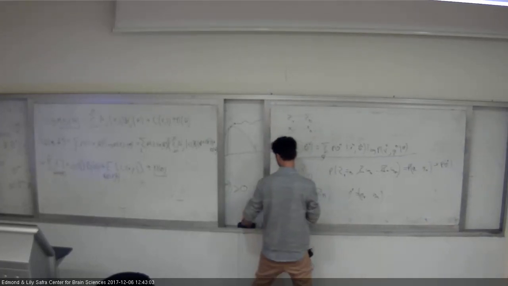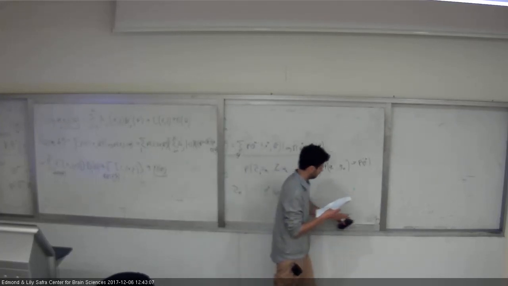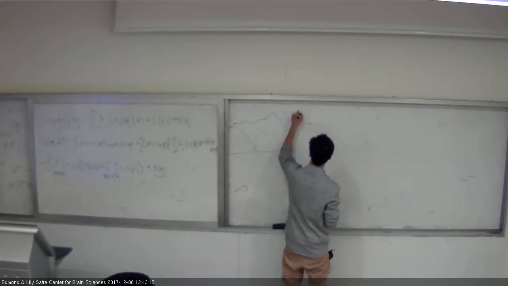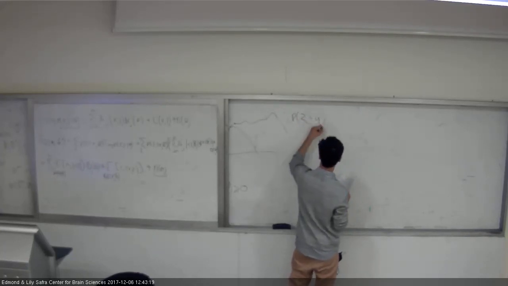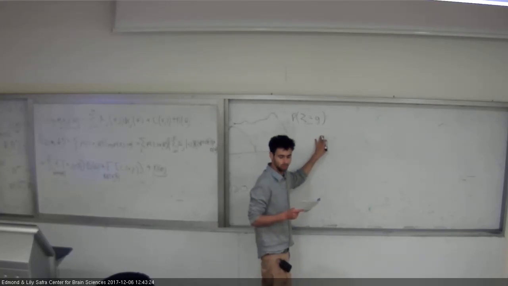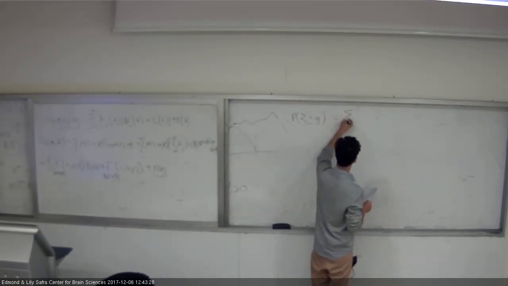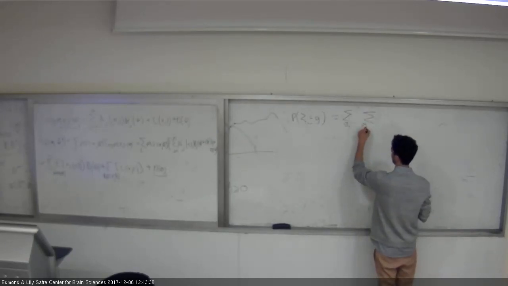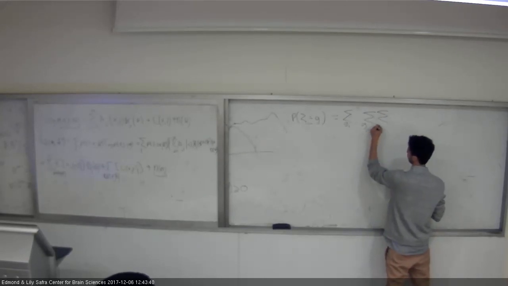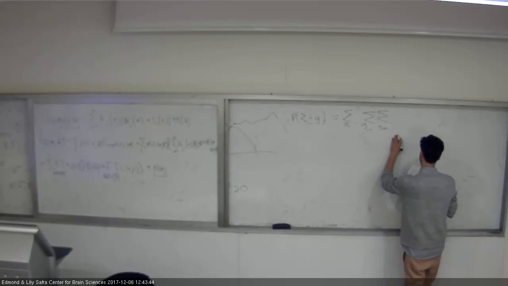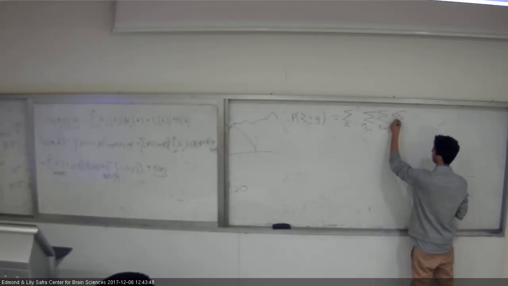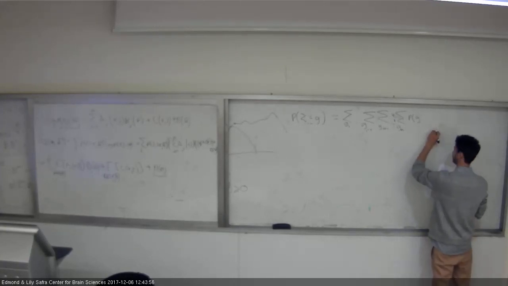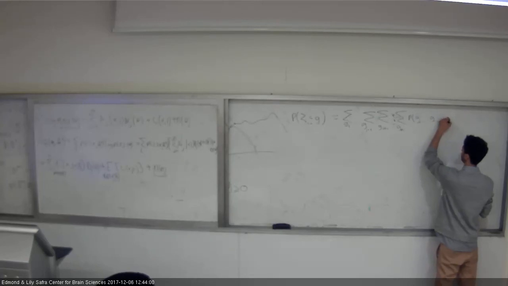Now, when we talk about the marginal distribution, P of Zi equal to j is just the summation over j1, till the summation over j(i-1), the summation over j(i+1), till the summation over jn of P of j1 to jn.